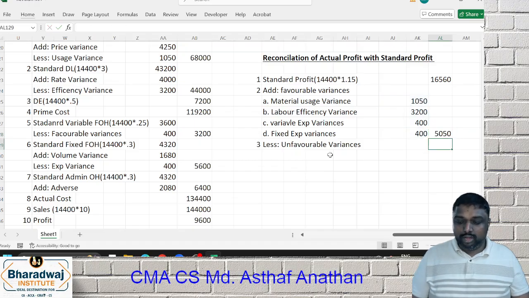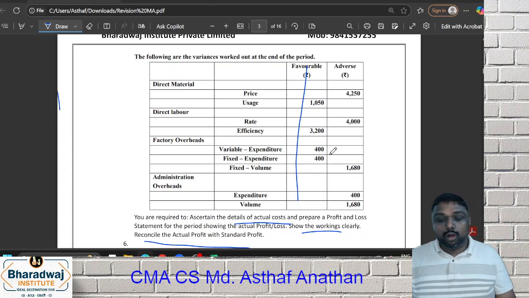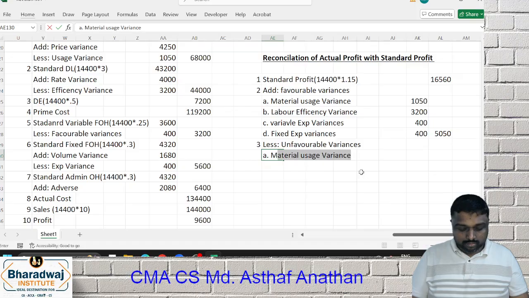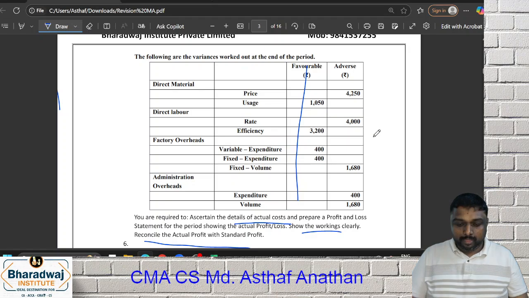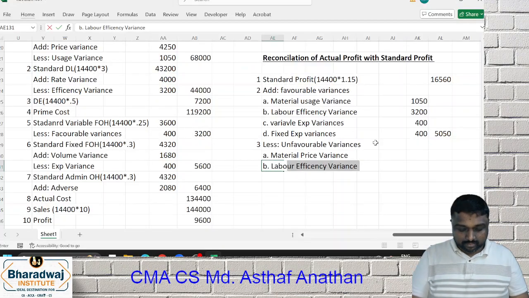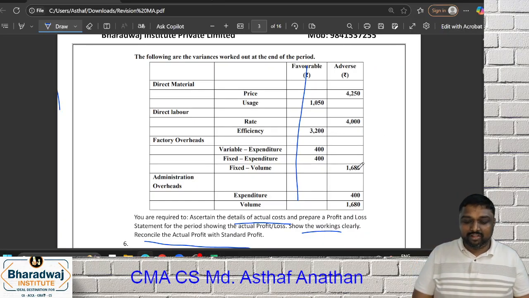Now you have to reduce all the unfavorable variances. What are all the unfavorable variances? Material price variance, labor rate variance, then these are all favorable.